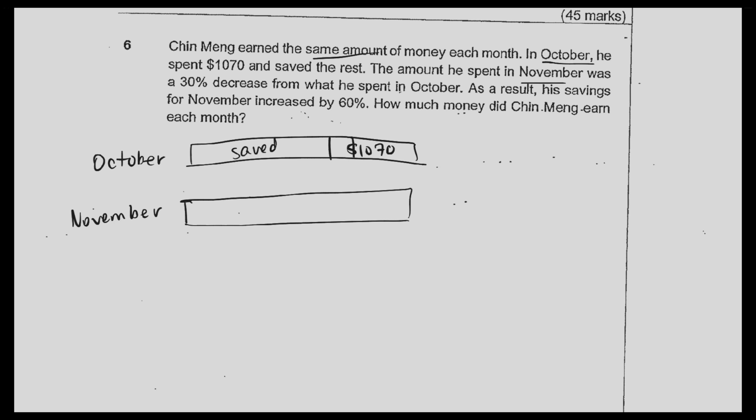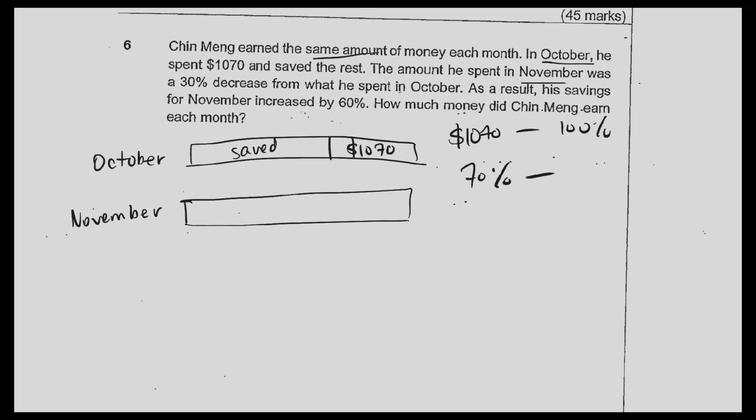The amount he spent in November was a 30% decrease from what he spent in October. How much did he spend in November actually? Let's just calculate it. October was 100%. What is a 30% decrease? That's just 100 minus 30, so 70%.